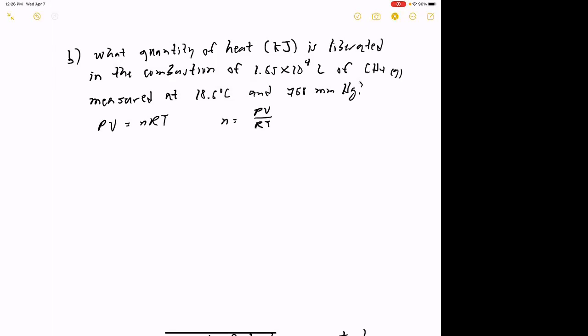Now, remember, the units all have to match the units of the gas constant, so I've got a few conversions to do. I've got to get temperature in terms of Kelvin, right? So I have 18.6 degrees Celsius, and I add 273 to get to Kelvin, and that turns out to be 291.6. All right, what else do I have? I've also got to get my millimeters of mercury over to atmospheres, don't I?